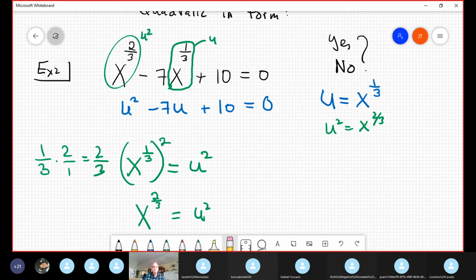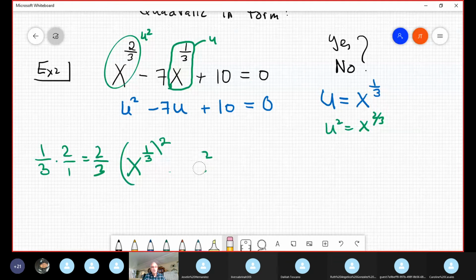Yes or no? Yes. Absolutely. Okay, super. Now, this blue equation actually is a quadratic equation.